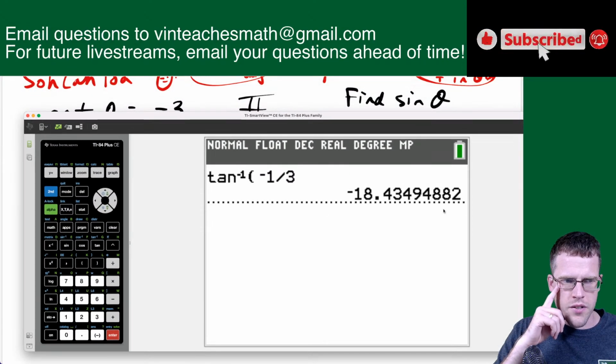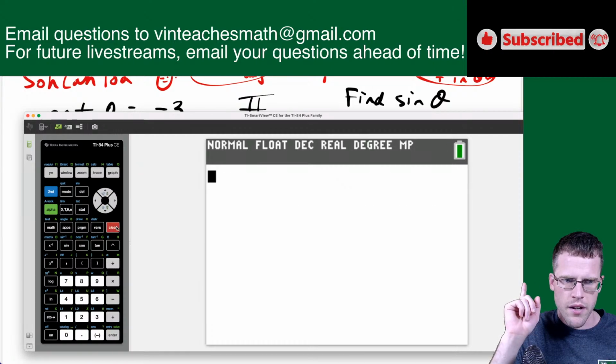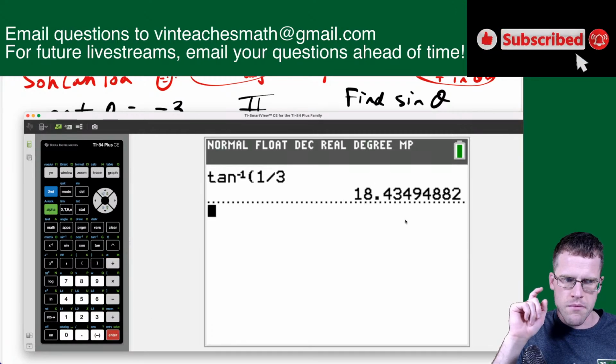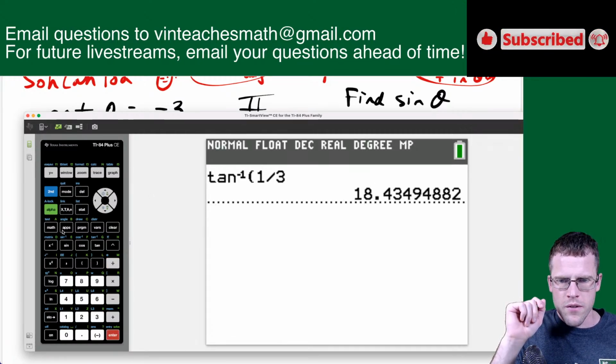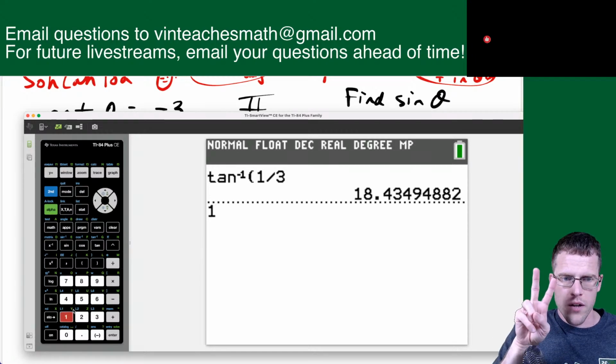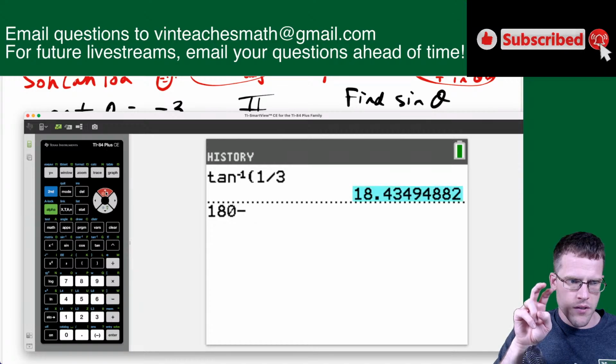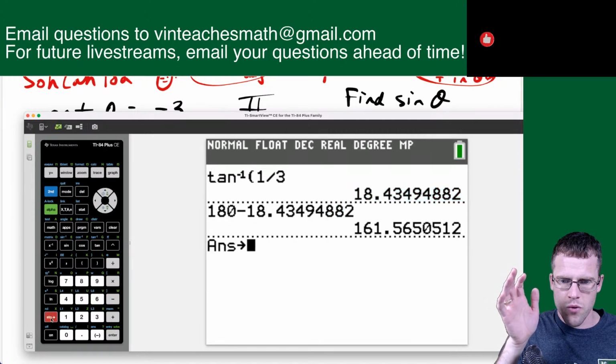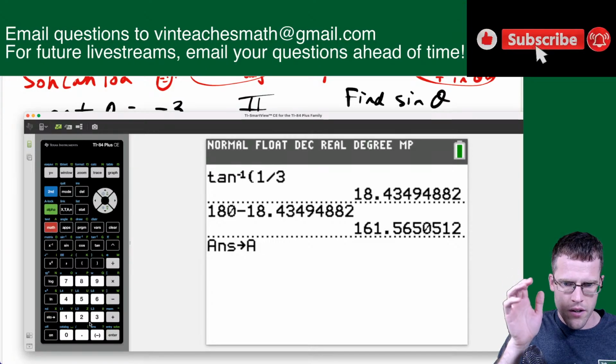But if I treat it as my reference angle, let me just do that. If I do tangent inverse of 1/3, that tells us our reference angle is 18 point whatever degrees. So then if I want to be in quadrant 2, I do 180 minus that reference angle. So that's the full angle theta. And I'm going to store this as the letter A.